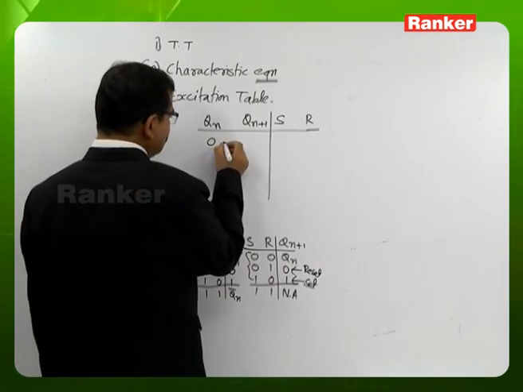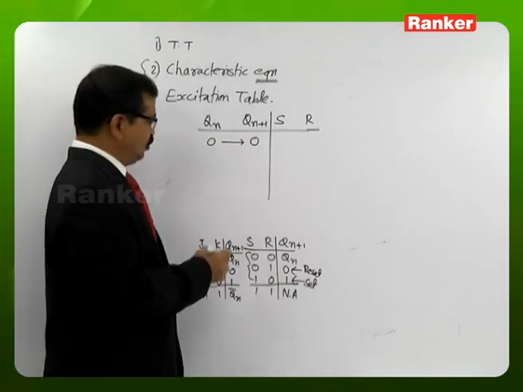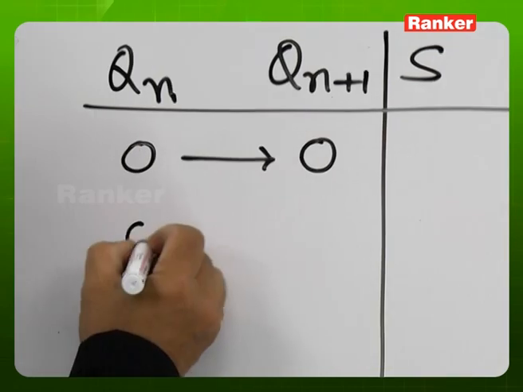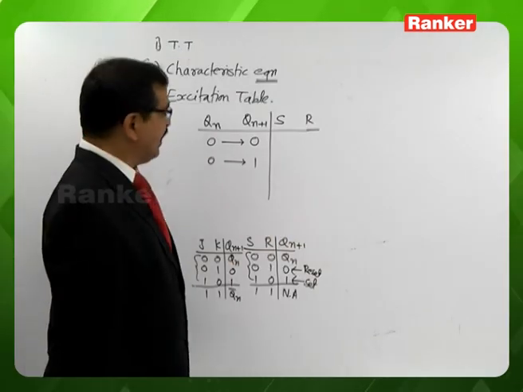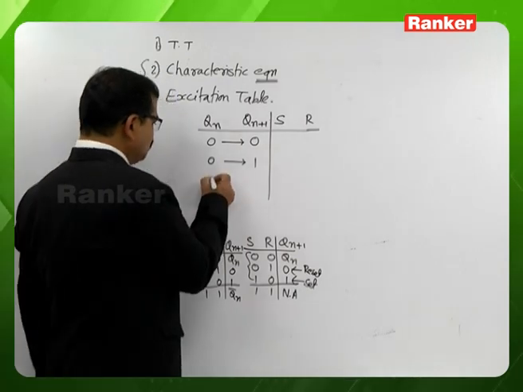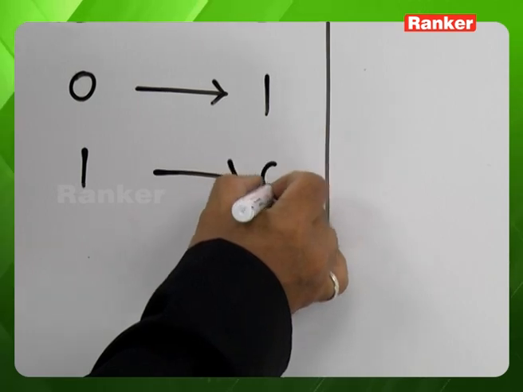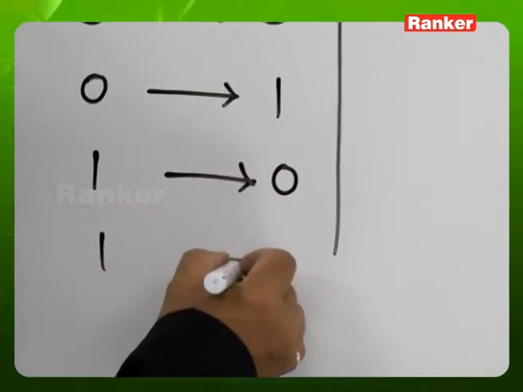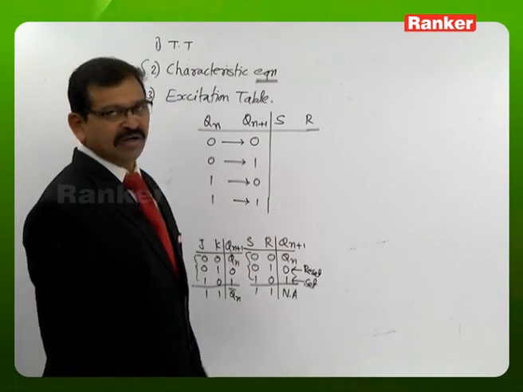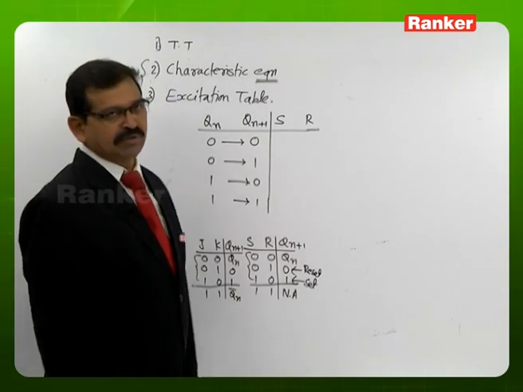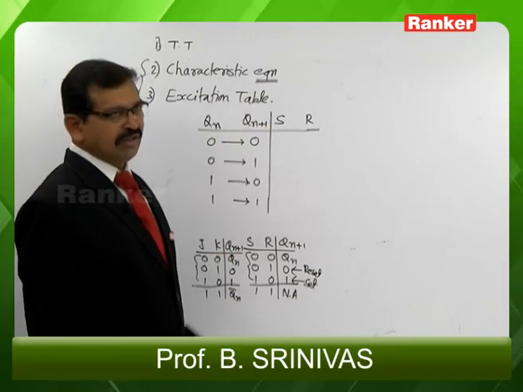If the present state is 0, the expected next state may be the same 0, or the expected next state may be 1. Similarly, if the present state is 1, the expected next state may be 0, or the expected next state may be 1. These are the possible transfers on any flip-flop. For these possible transfers, we need to recognize what must be the inputs.